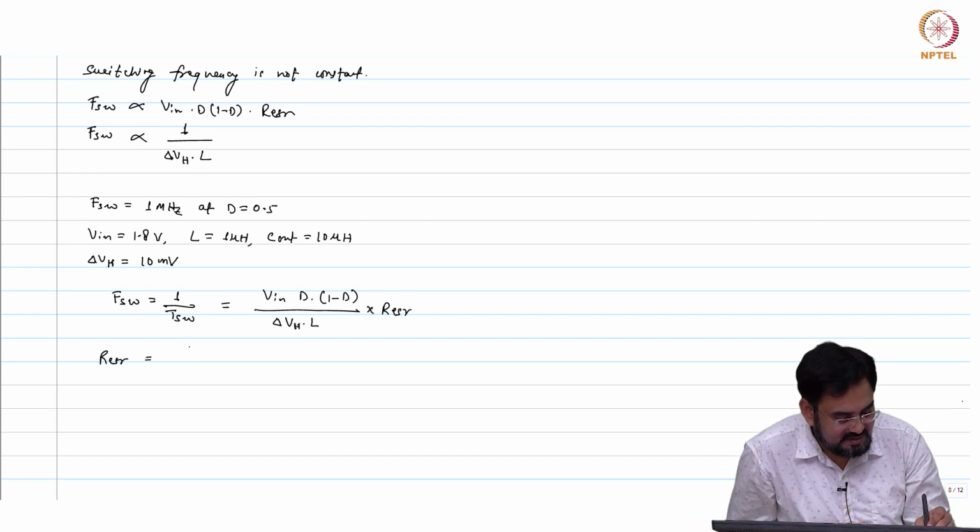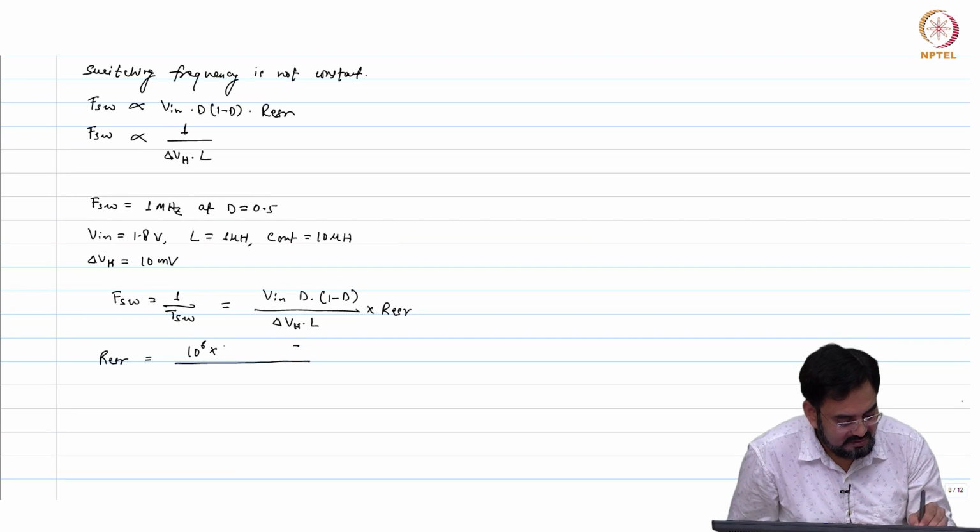One mega, which is 10 power 6, into how much was it, 10 power minus 3, into 10 power minus 6, over RESR.